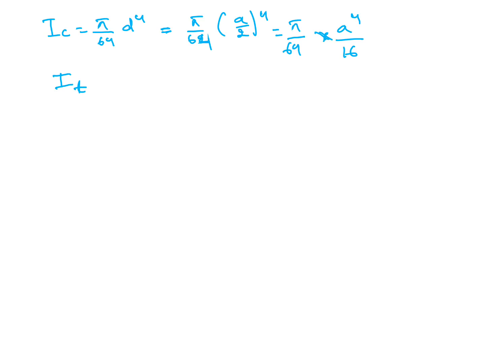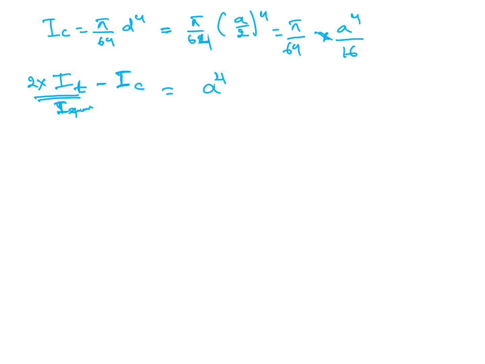From triangle you multiply that one, two triangles, minus circle moment of inertia. 2 into triangles, or that square cross section, moment of inertia of the square, minus moment of inertia of circle.